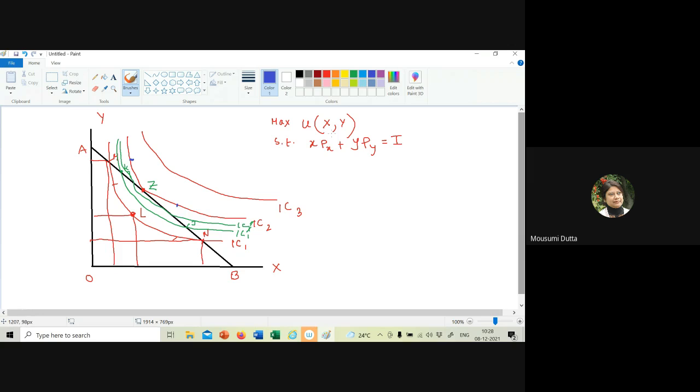Now, what is the value of the slope of the indifference curve?